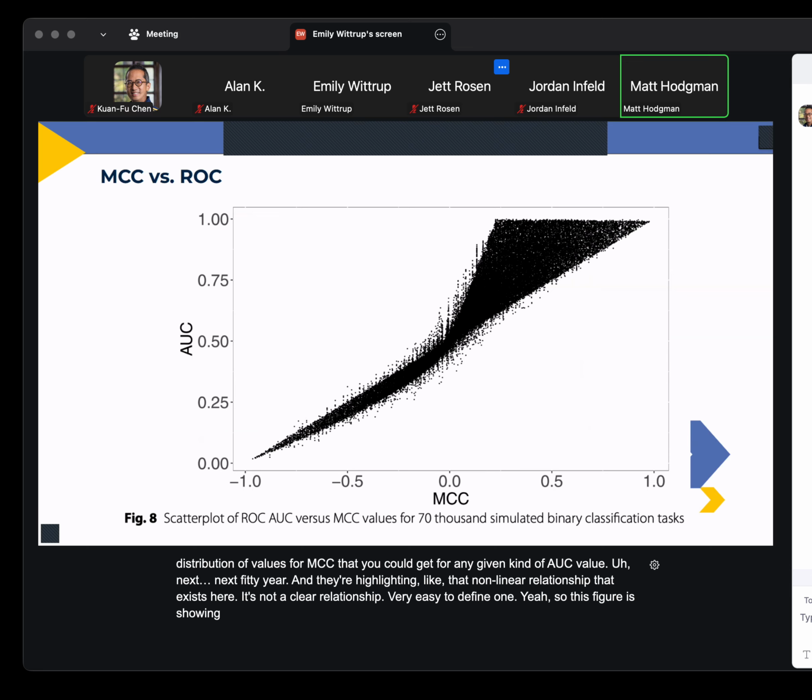The main takeaway here is the AUC goes above 0.5, so you're doing better than random guessing. For any given AUC value, so maybe pick 0.75, if you look at the data points at that level, their MCC value can be as small as 0 or as high as maybe 0.6. So there's a really wide range of MCC values here.